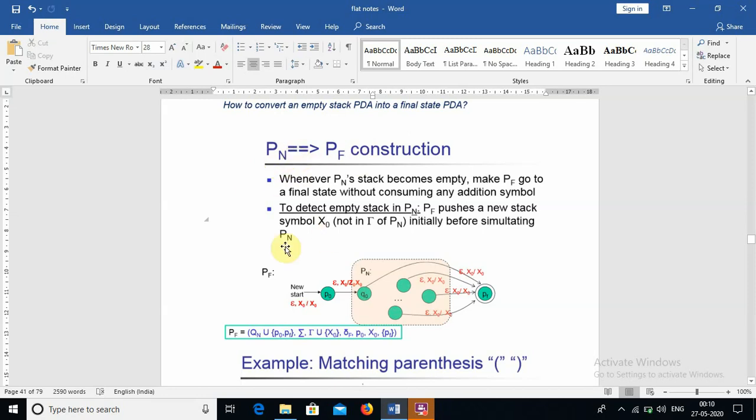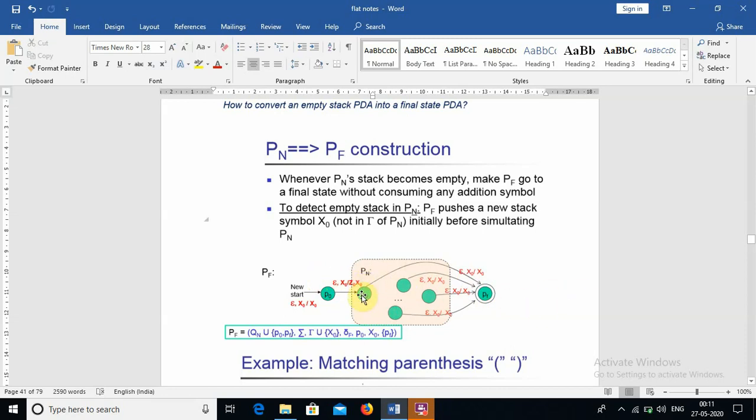For that reason we insert X naught into the stack initially, before Z naught. Z naught is a stack variable belonging to tau, whereas X naught does not belong to tau. First you push X naught into the stack. Whenever we consume the entire string and reach Z naught, we can directly transition to the final state by using epsilon transitions. So both are actually happening here.